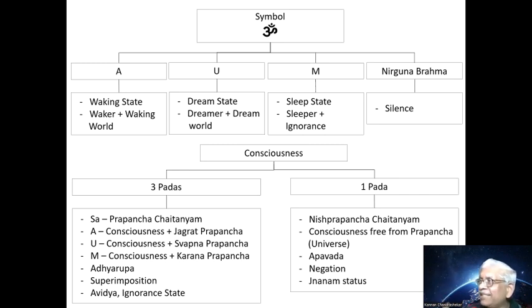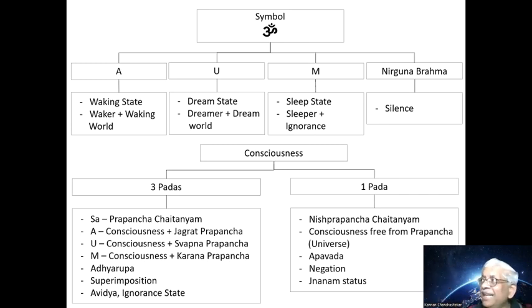These are the three legs. When I meditate on these three legs of the universe, waking, dream, and sleep, it is called as Adhyaropa, superimposition of the world which is experienced on Atma.